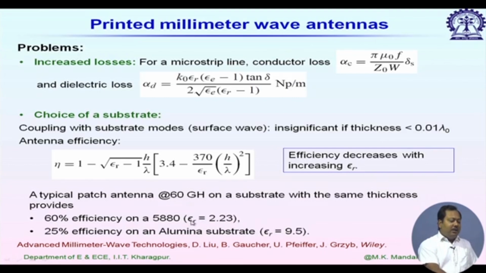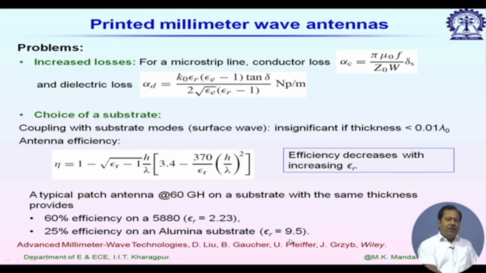When we design it on a 5880 substrate, where the dielectric constant is approximately 2.23 at 60 gigahertz, the antenna efficiency comes to 60%, and it reduces to 25% when the same antenna is designed on an alumina substrate, which has a higher dielectric constant, epsilon r equal to 9.5.